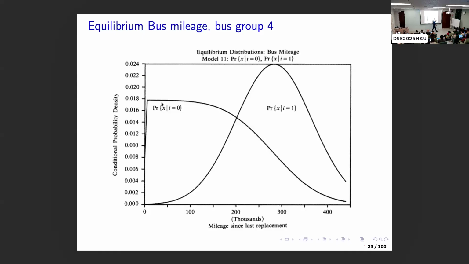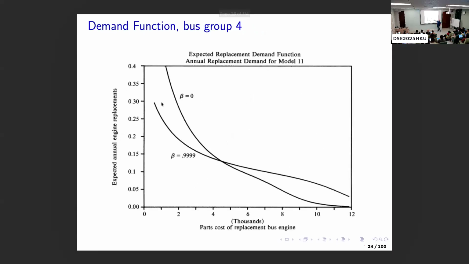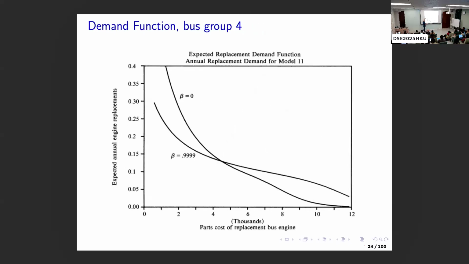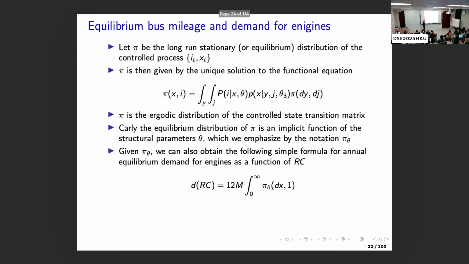So here's the equilibrium mileage distribution from finding that solution. That was just for one particular value of the replacement cost. But you can also calculate the demand curve from that by varying that replacement cost. Using those distributions, you can calculate the expected annual engine replacement. Okay, and John has a formula.